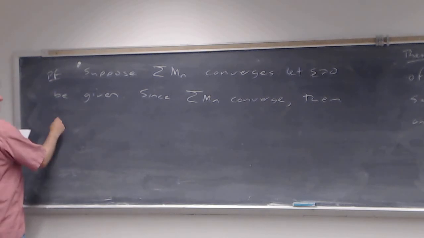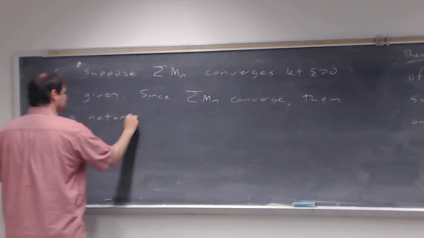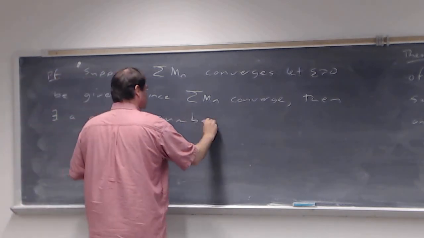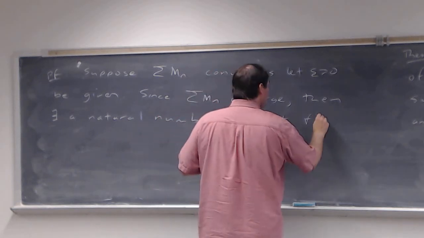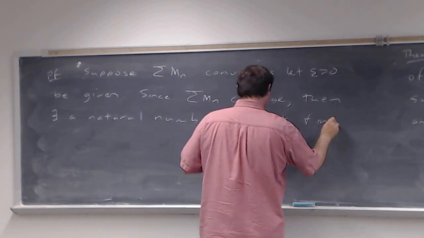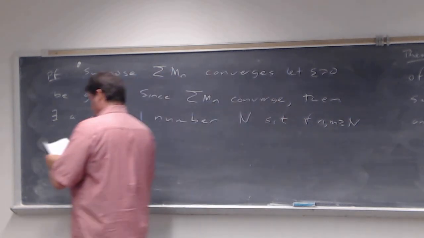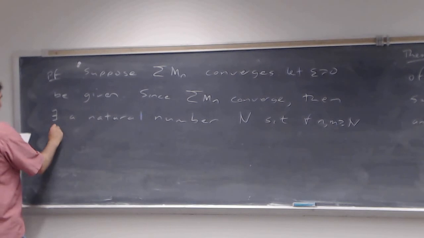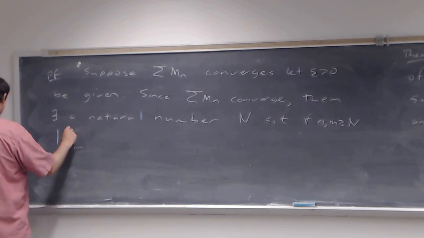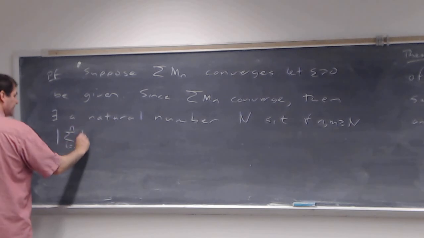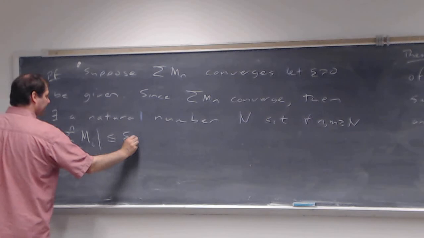And so what it says is that there exists a natural number big N such that for all n and m bigger than or equal to this big N, the absolute value of the sum as i runs from m to n of this big M sub i will be less than or equal to epsilon.